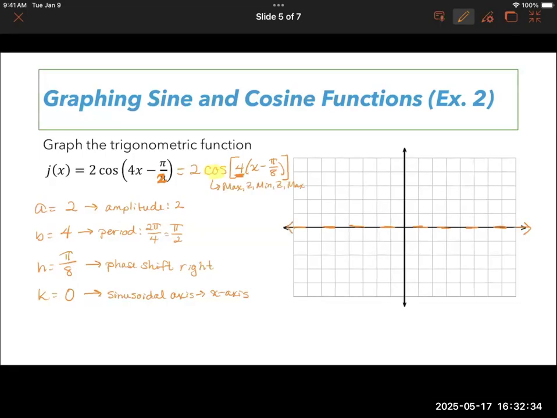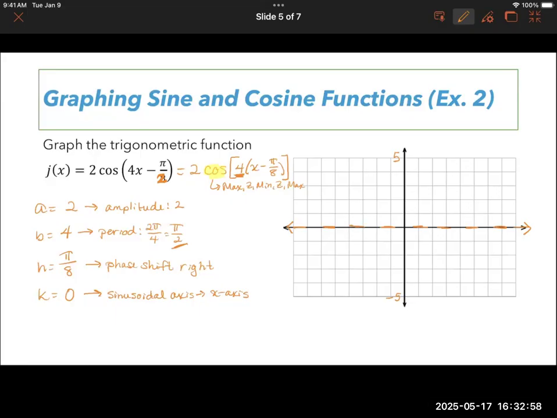Because of the phase shift being to the right pi over 8, we're going to want to establish what our x-axis units are going to be. So I'm going to keep this as a scale of 1 on my y-axis. On my x-axis, I have a period of pi over 2.